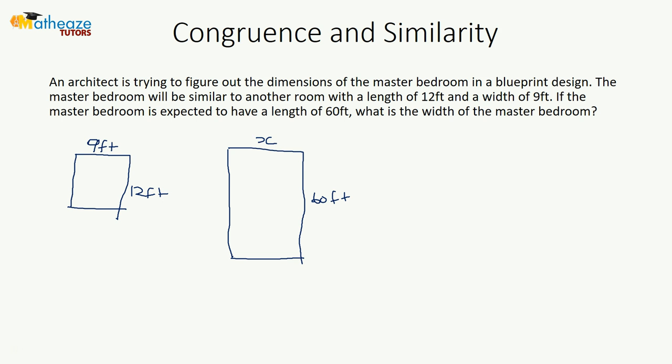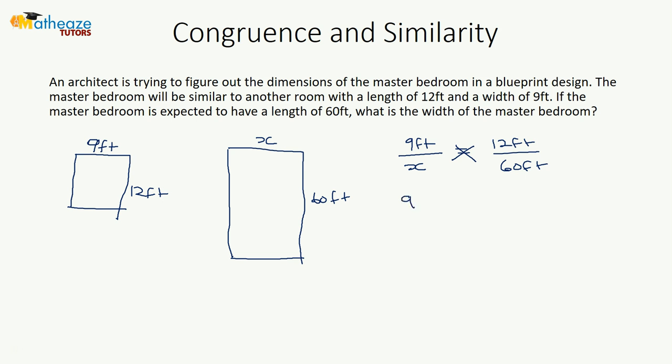So what we have here is the ratio of 9 feet, so that's the width of the sample room, to the width of the master bedroom is going to be equal to the length of the sample room to the length of the master bedroom. So we're going to do a cross multiplying here.